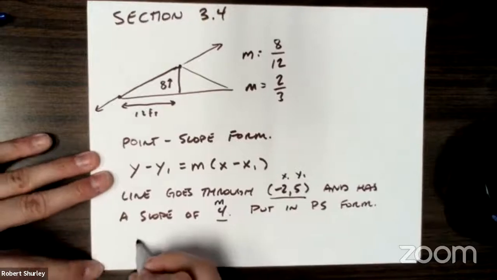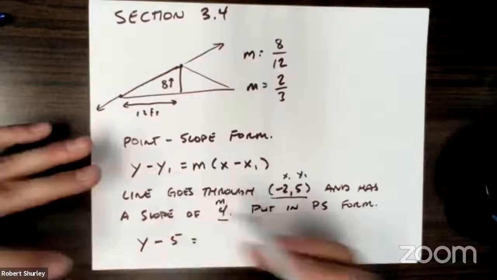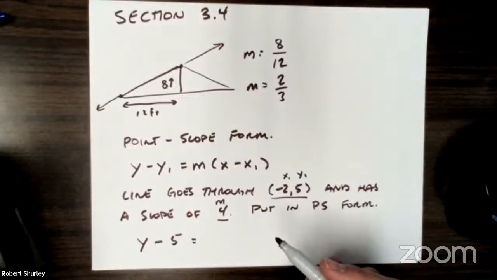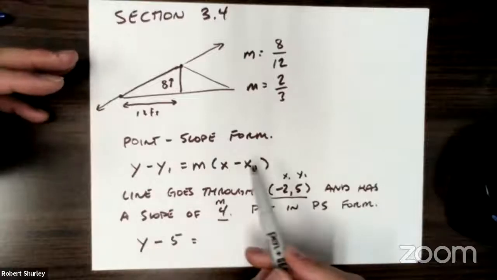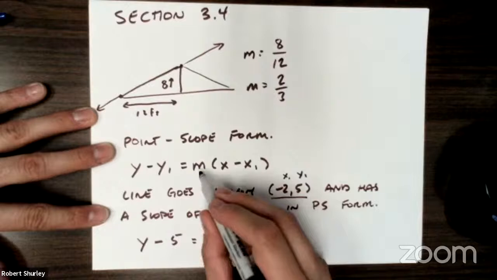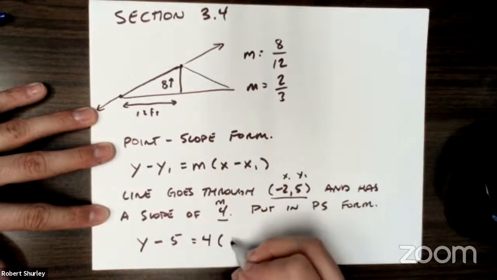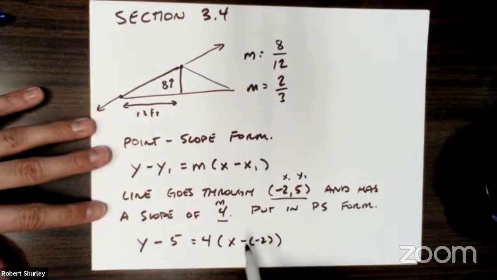So it looks just like this. y minus 5. It's always subtraction. Remember that equation for slope was always subtraction. It was the difference of the y's, difference of the x's. So there's always a minus on there. Equals, our slope is 4. And then x minus a negative 2.